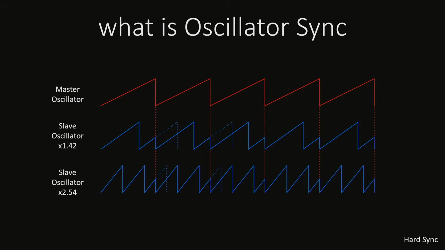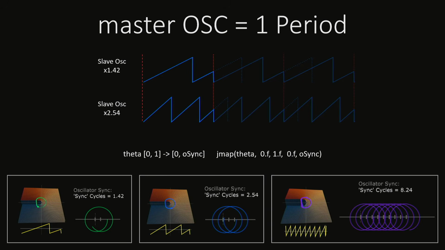So everyone knows what oscillator sync is in the room. One period of a master oscillator will dictate where the slave oscillator has to stop. Well, when you do terrain synthesis, the master oscillator is just one loop around your path. So if you take more than one loop, like 1.42 loops around, this waveform will wrap and start making itself again, but then you stop it, and so you get that waveform.